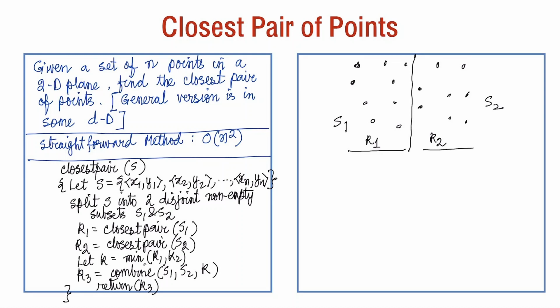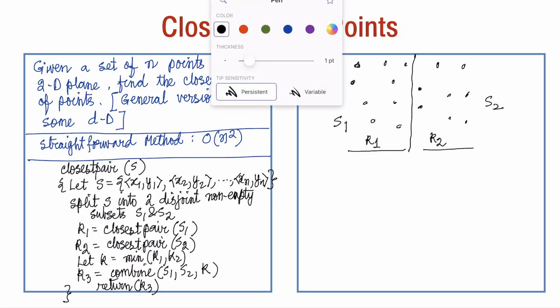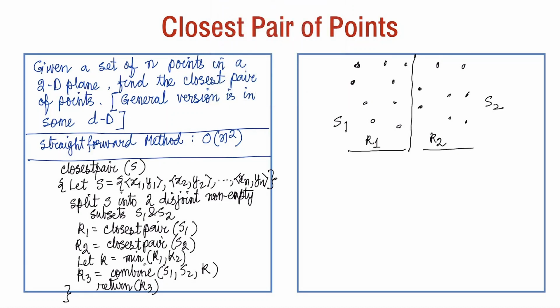On the other hand, if we look at the recursive equation, then the recursive equation that we get for this problem is as follows. We get T(n) is equal to, sorry, we would break it up into two parts.